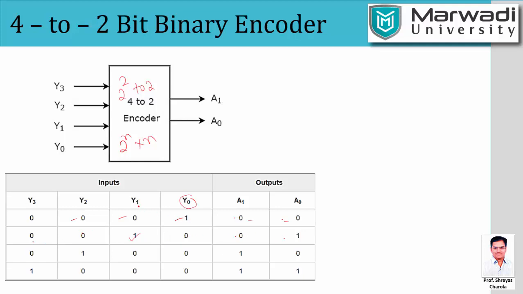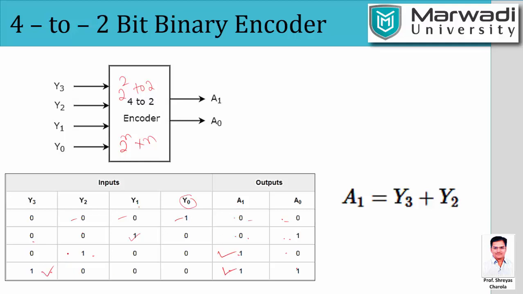That is, y1 will be encoded to 0 1, y2 will be encoded with 1 0, and y3 will be encoded with 1 1. Based upon this, we can write the Boolean equations. A1 equals y3 plus y2.